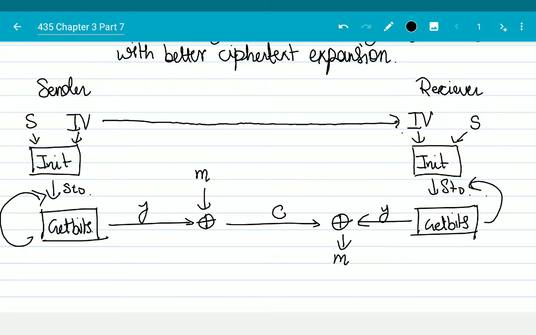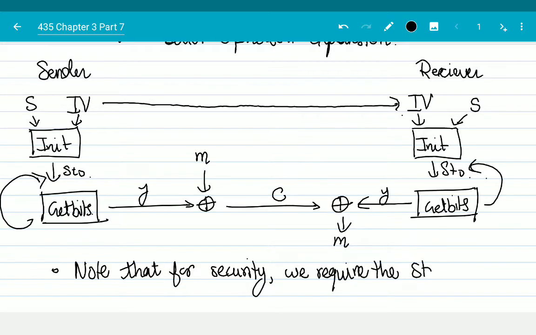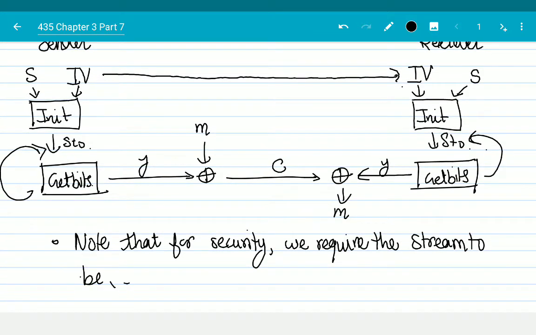Note, this is very similar to the CPA secure scheme we saw before, and hence for security we need the stream cipher to be a pseudo-random function.